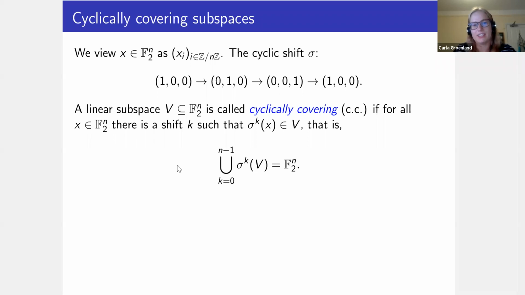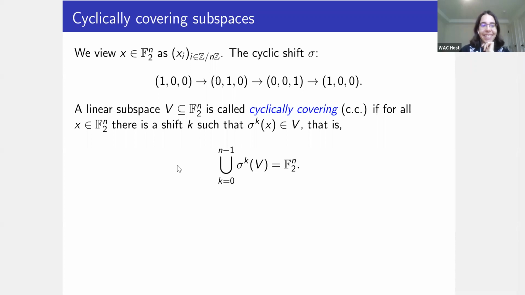So now maybe to see if people have understood it, can someone give me an example of a cyclically covering subspace? There's one easy example that exists for every n. The whole space.